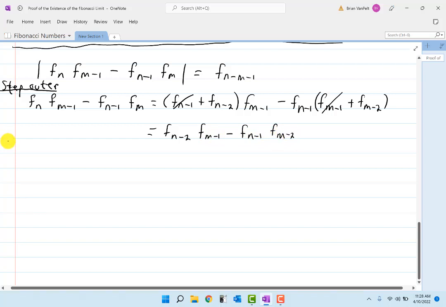Now I'm going to do step inner. And if you can guess, that's where I'm going to attack the inside f's. And I'm going to expand those.